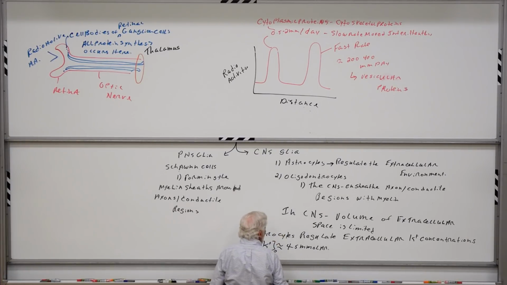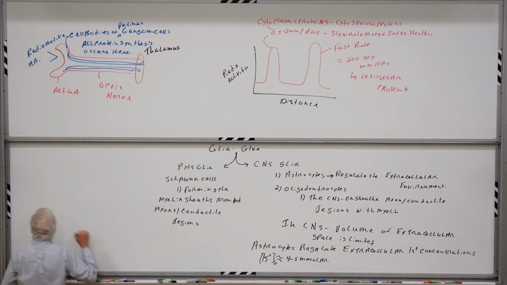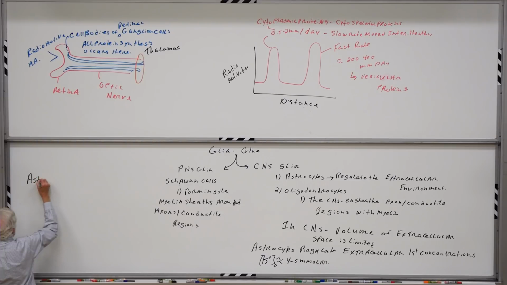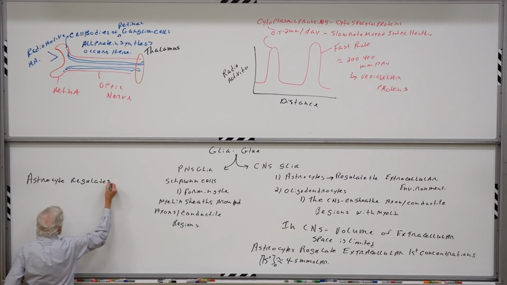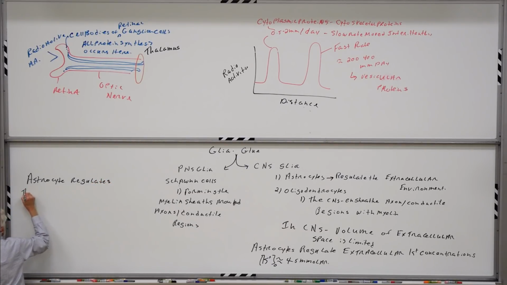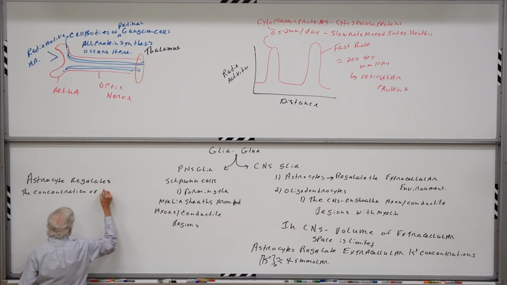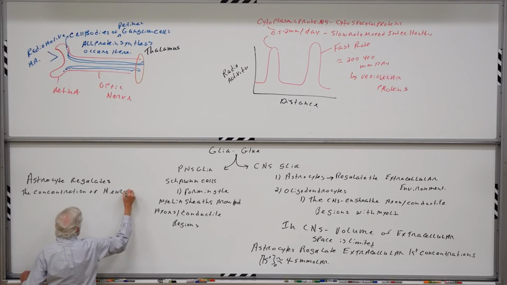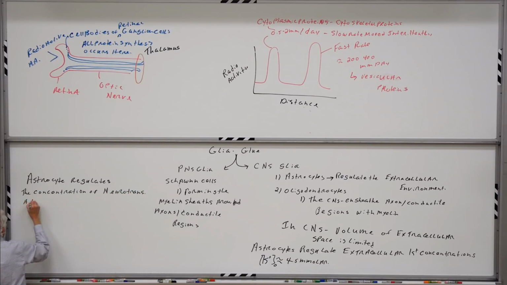The other thing that the astrocyte does, and I'll put this over here, is that the astrocyte regulates the concentration of neurotransmitter at synapses.